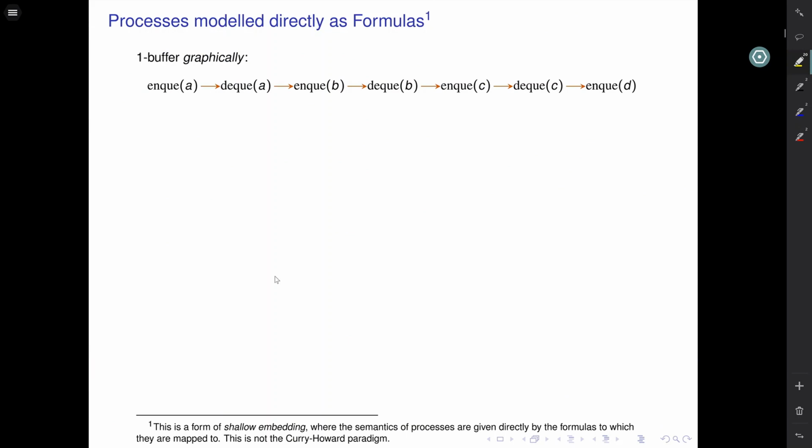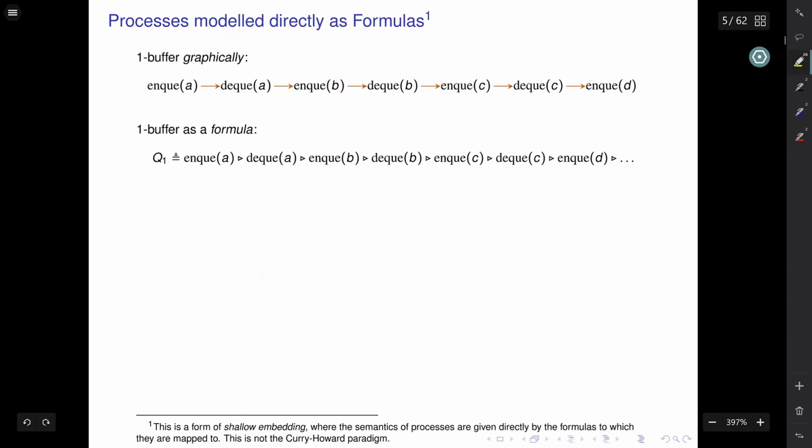So we could enqueue something. A is just something that we're putting in the queue. If the queue was allowed only one thing to be in, it's a very short queue, then we would have to dequeue A before B can be enqueued. So B cannot be enqueued before A is dequeued.